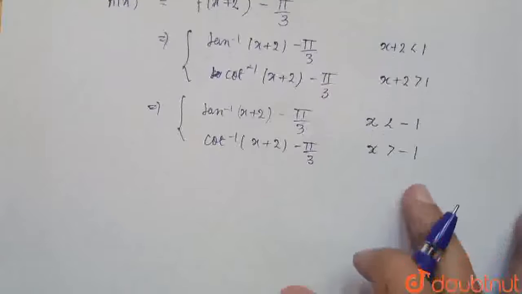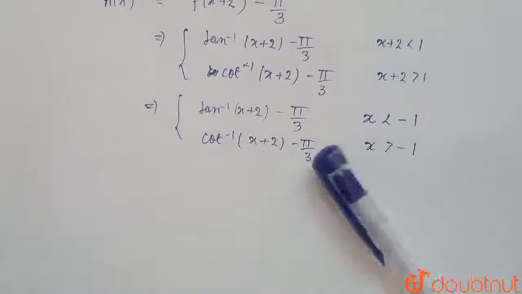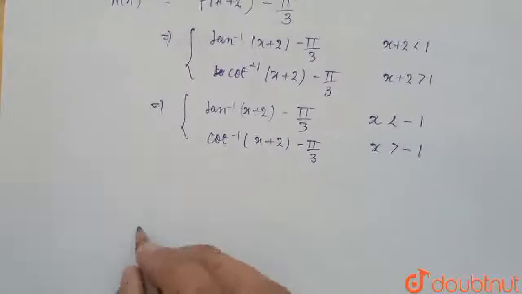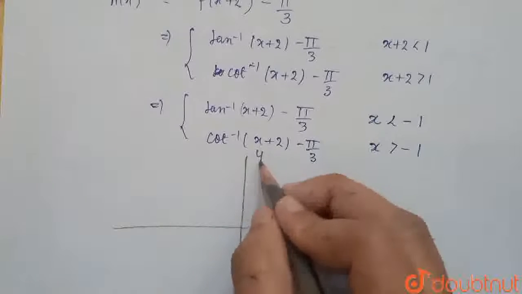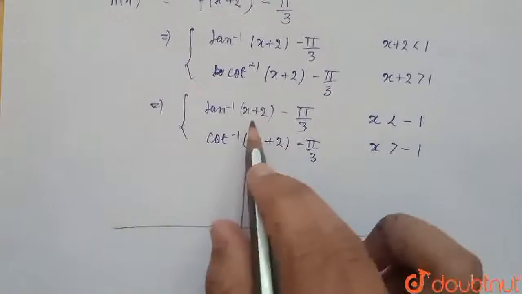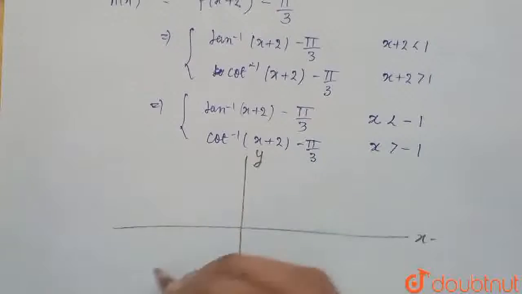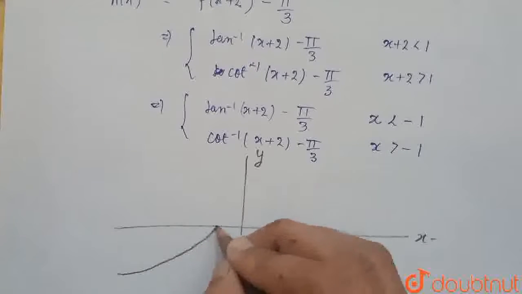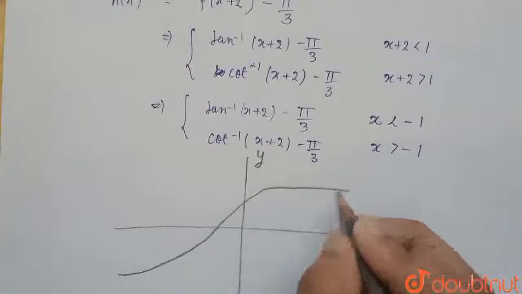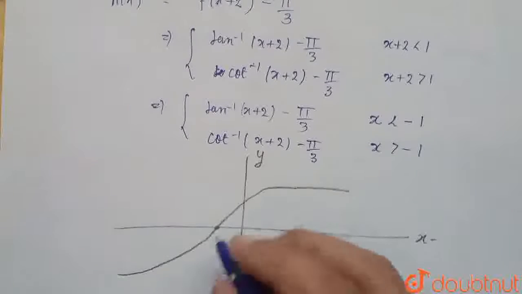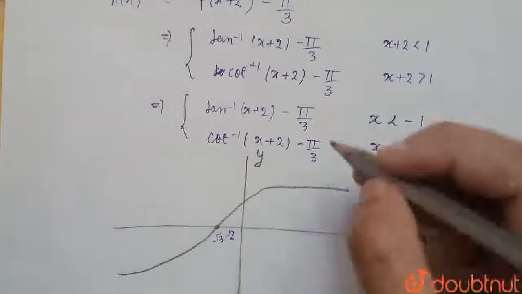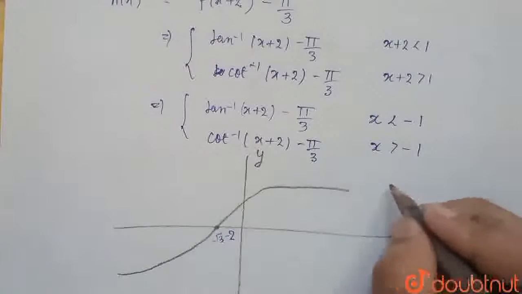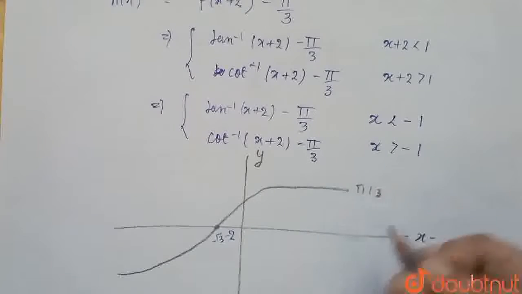Now again make a graph of these two. This is our x-axis, this is our y-axis. Here the graph will shift to the left-hand side, so we will get our graph like this. This point will be root 3 minus 2, and this is pi by 3.